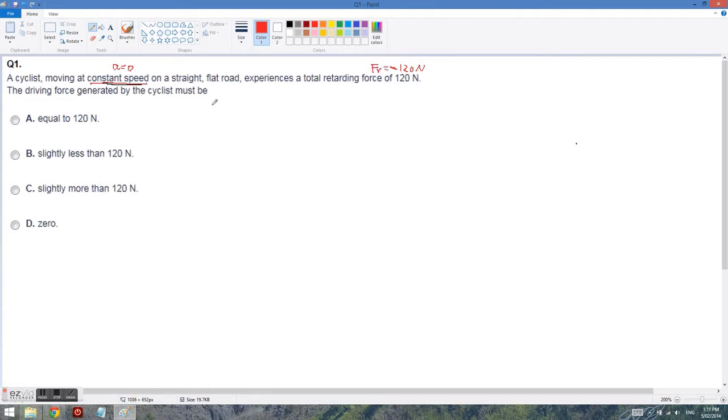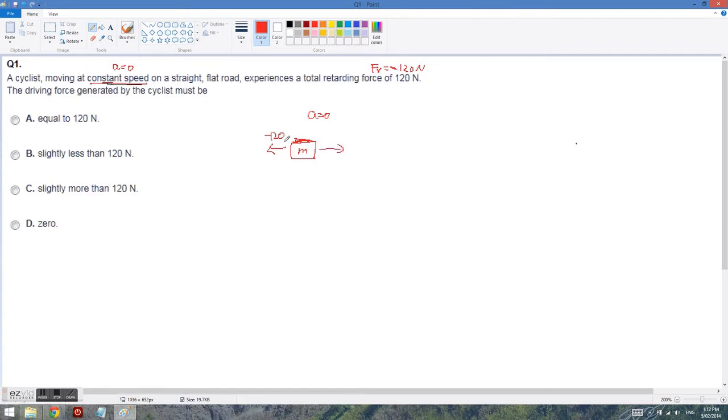Now, the driving force generated by the cyclist must be, multiple choice question. So what's happened is, if I have a mass, and we have a resistance force of minus 120 newtons, and the acceleration is 0, what it means is we have a driving force, and the driving force must be the same.